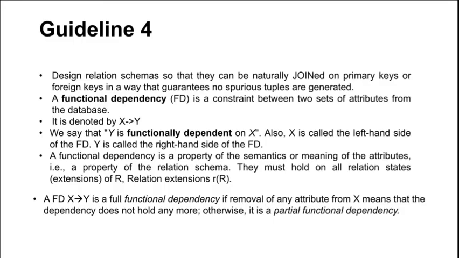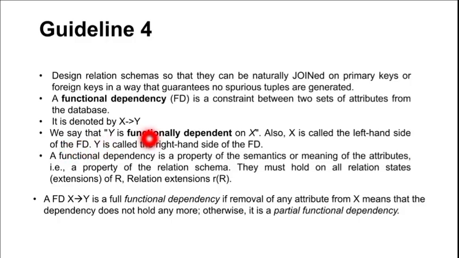And along with that, guideline 4 also tells about functional dependency. It's very simple. Functional dependency means it's a constraint between two sets of attributes from the database. I will explain with an example, don't worry. But so far you should understand that it is denoted by X tends to Y. Here X is one attribute, Y is another attribute, right?